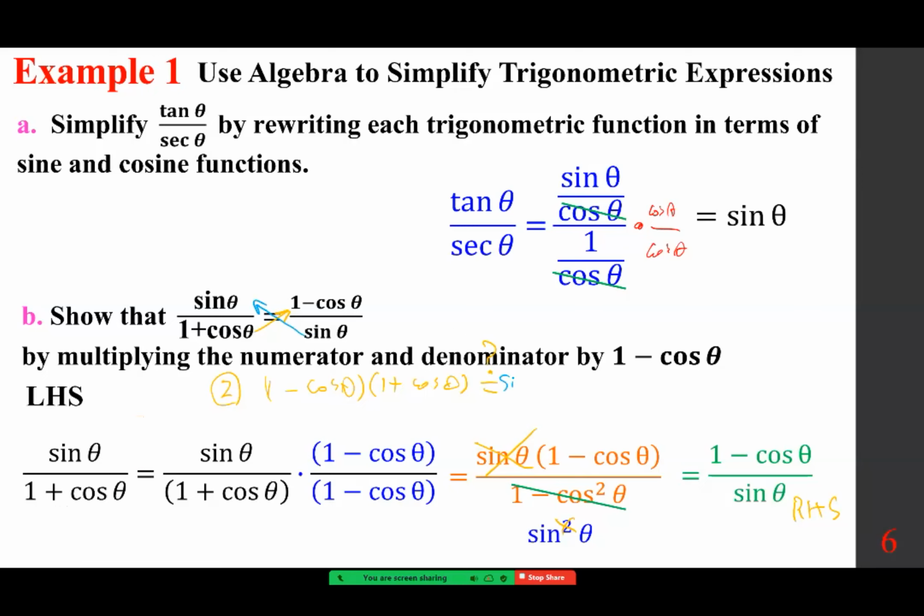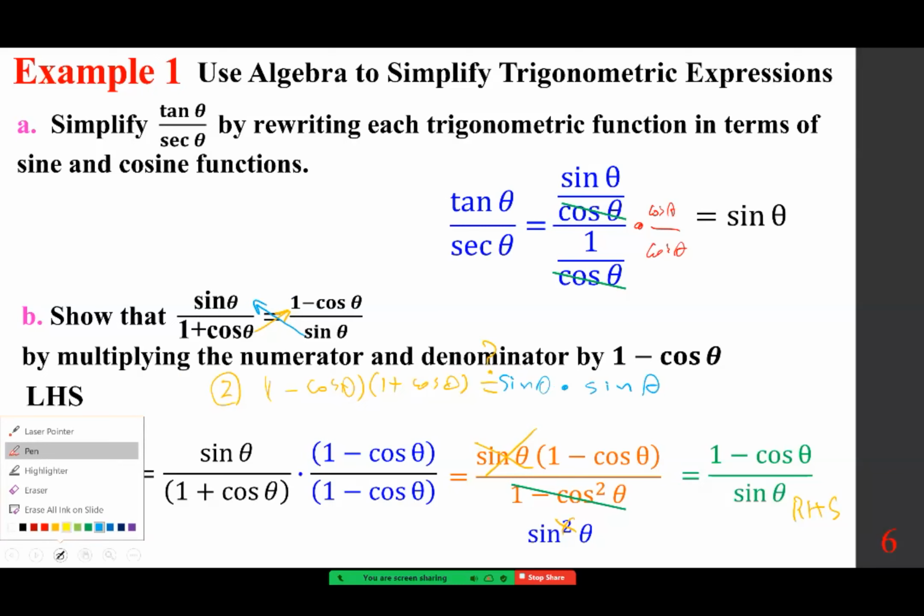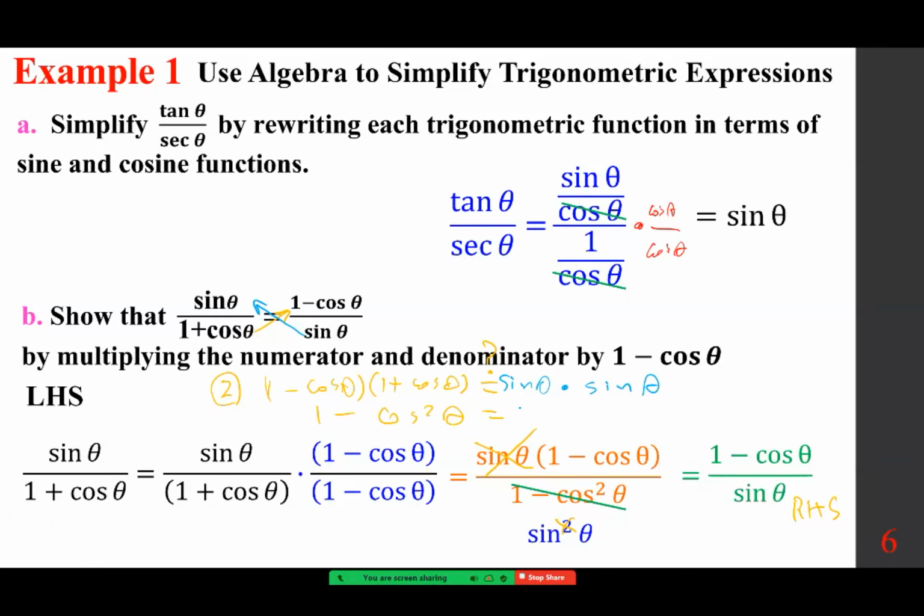Sine theta times sine theta. As you can see, the left side is 1 minus cosine squared theta. The right side is sine squared theta. They are equal. And that's a proof too.